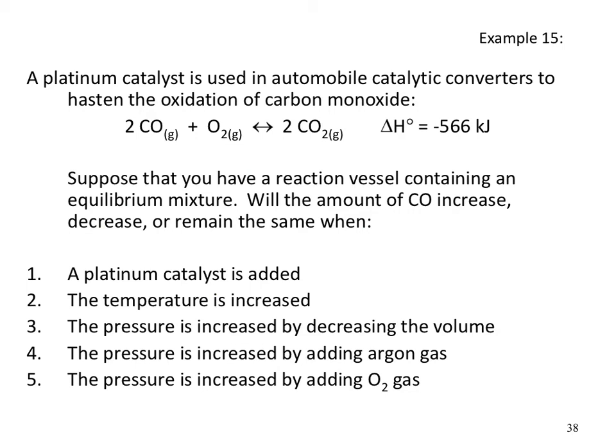Will the amount of CO increase, decrease, or remain the same when a platinum catalyst is added, the temperature is increased, the pressure is increased by decreasing the volume, pressure is increased by adding argon gas, pressure is increased by adding oxygen gas? So we have to take a look at each of these.